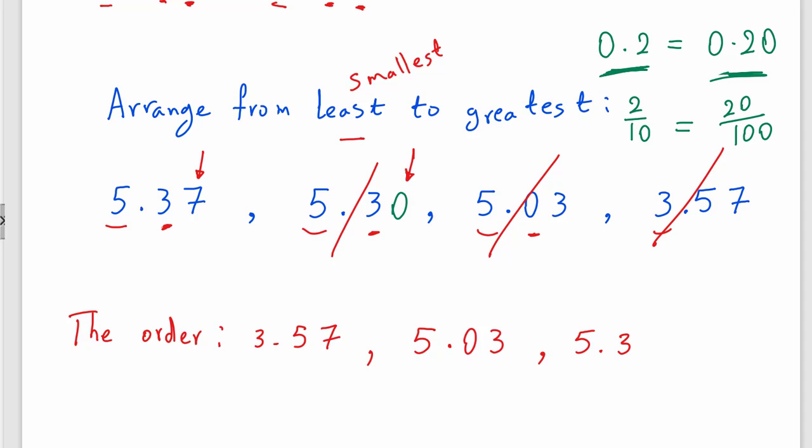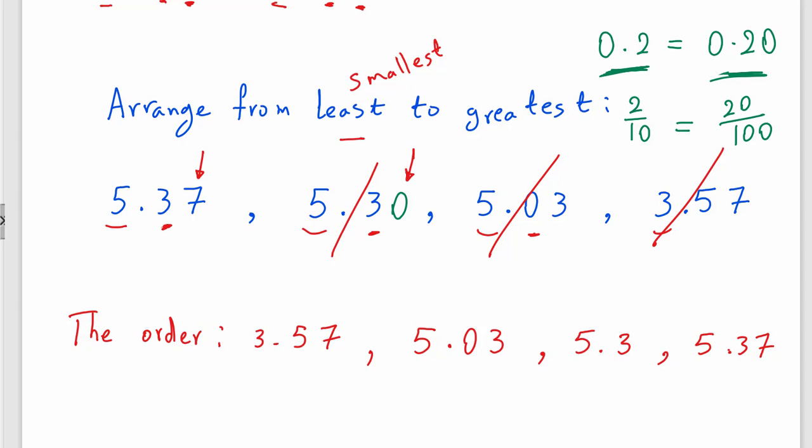You can add the 0, and you can just write it 5.3, because as given in the question, the original one, it was 5.3. 5 and 3 tenths. And of course we have one number left, 5 and 37 hundredths. This is the greatest decimal.